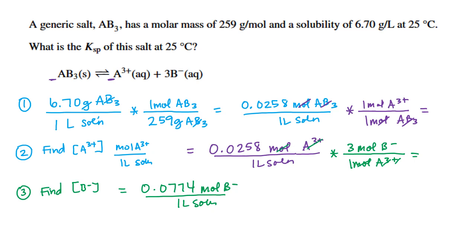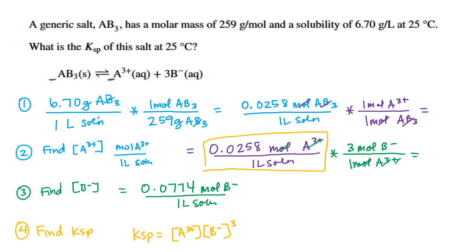My last step, number 4, is to find the Ksp. Ksp is going to equal the concentration of A3+ times the concentration of B- to the third. So if we look back through our numbers, this number right here is the concentration of A3+. So maybe I'll just put an A right here.